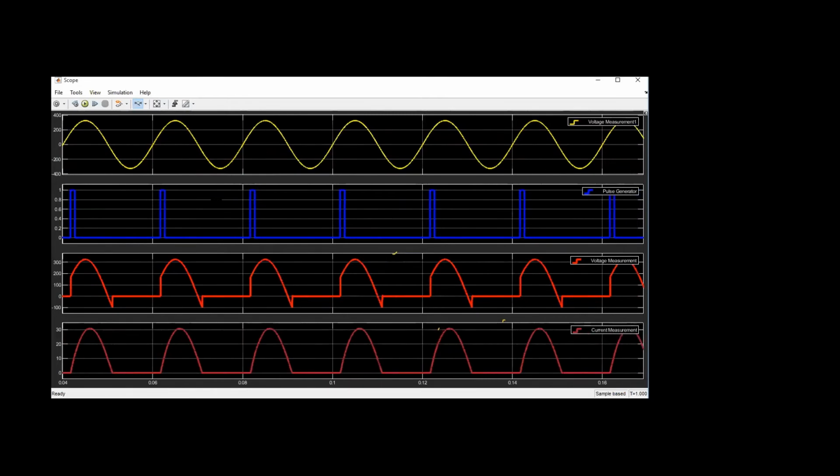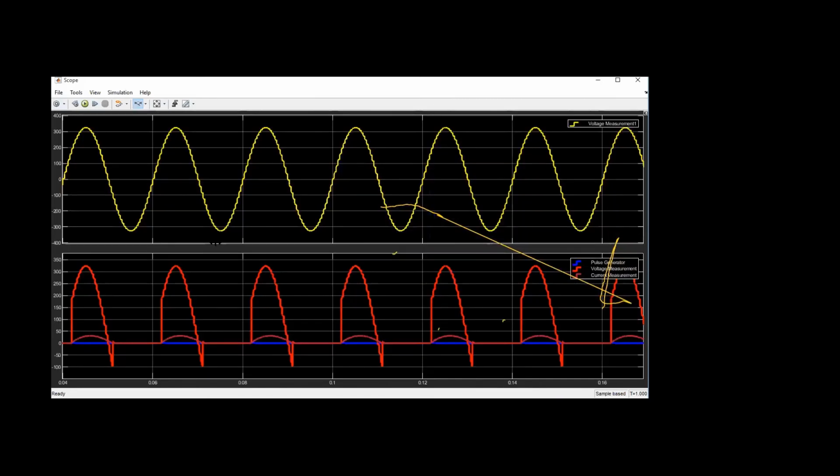Suppose you don't want it like this, and you want to see only one graph, with all the graphs in one, then go to layout and select only one or two. Clear? So the input waveform, then the output voltage, current, and even the function generator, the third can become, or all 4 if you want.